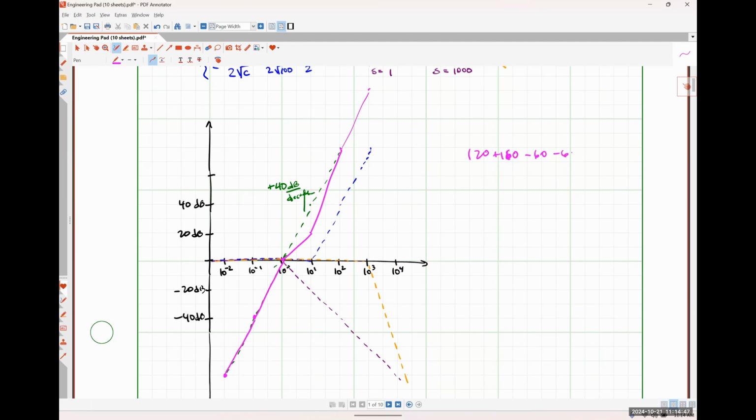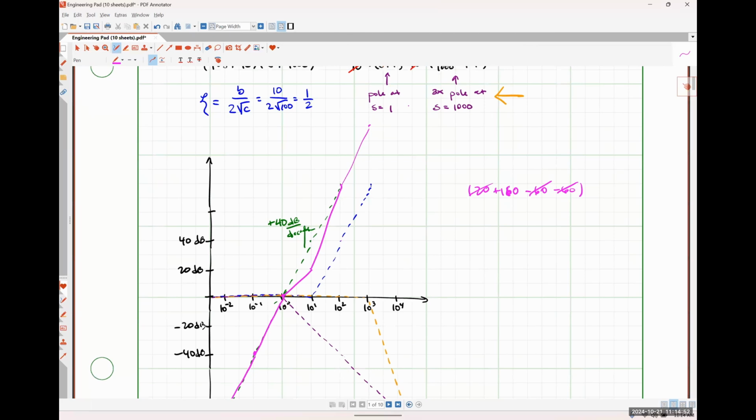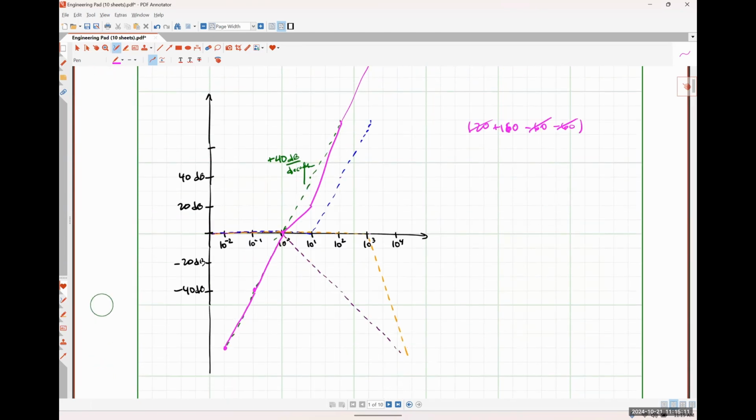So the 120s cancel out, and it would be at 160, which would be something like that. And then I think it'll just continue at that particular slope. Yes, you're absolutely right, because we've gone 4 decades past, so you're absolutely correct there.